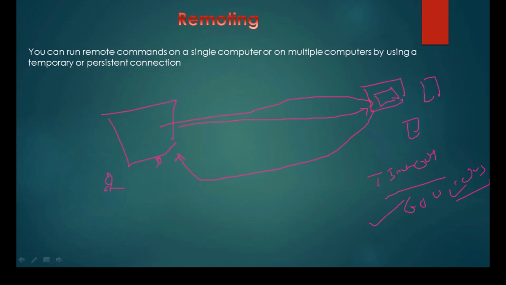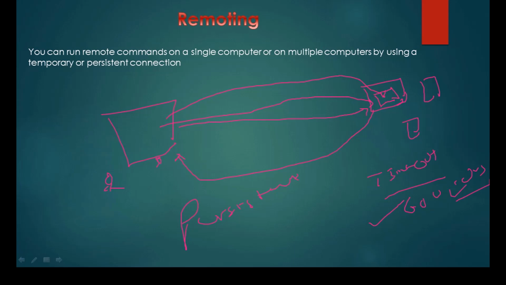So after a couple of minutes, you send one more command. The same command will be executed in the same PowerShell console, because this will not get closed as the temporary sessions do. So these are called persistent sessions. A persistent session is nothing but you open a copy of PowerShell on the remote machine, and the remote machine keeps that copy open and waits for the command.